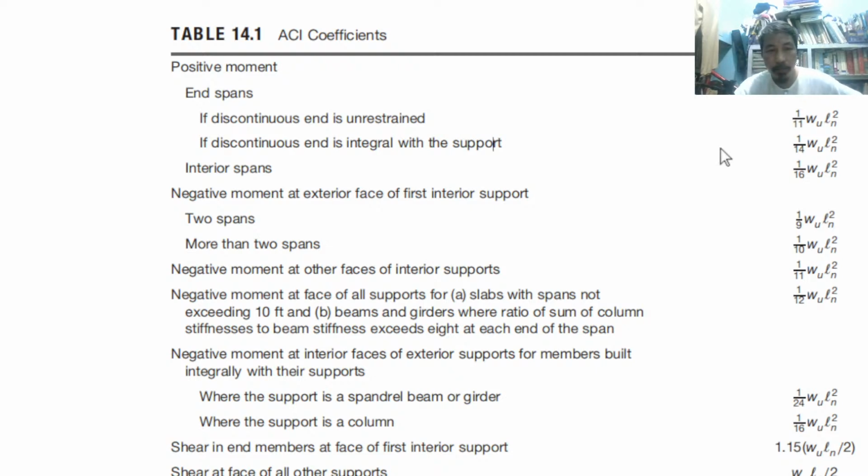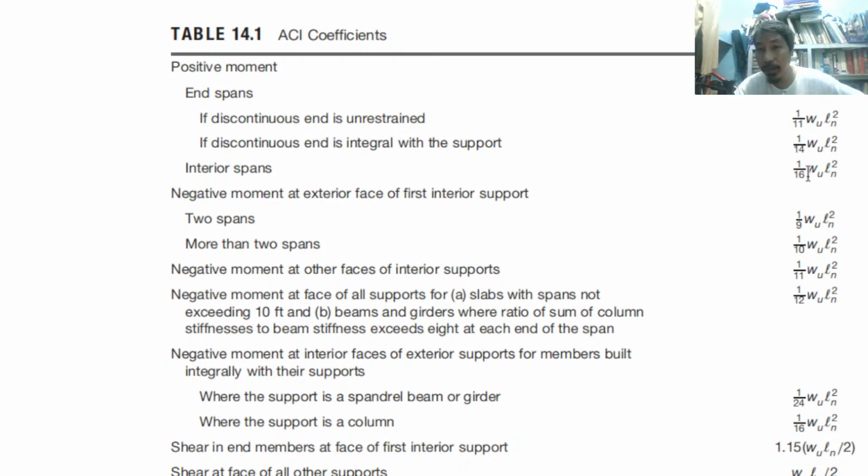Therefore, if we are on the positive moment, there are 3 different conditions that you can see. Interior span, that is 1 over 16. Where on the span do you see the positive moment? That is about in the middle of the span.